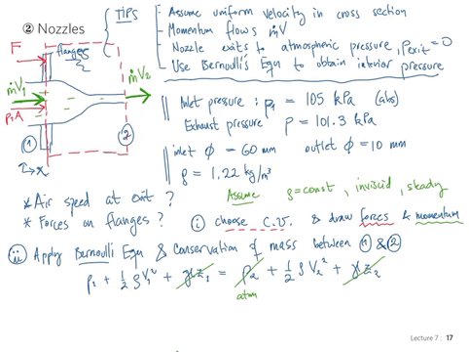And so we can find P1. We need to put P1 in terms of gauge pressure because that's why we can get rid of this. So P1 is going to be equal to 105 minus 101.3 kilopascal.